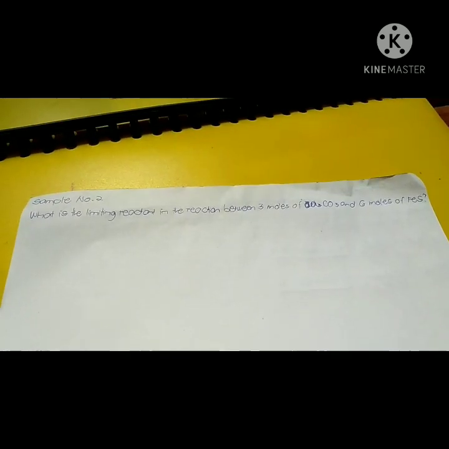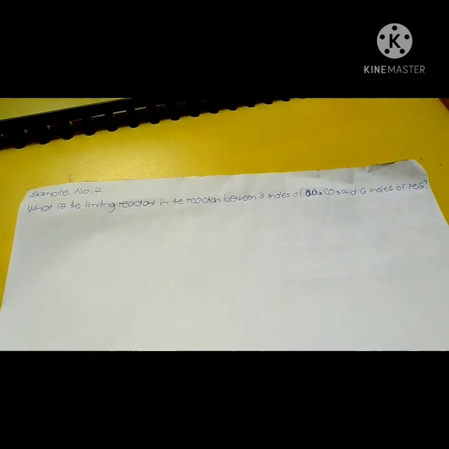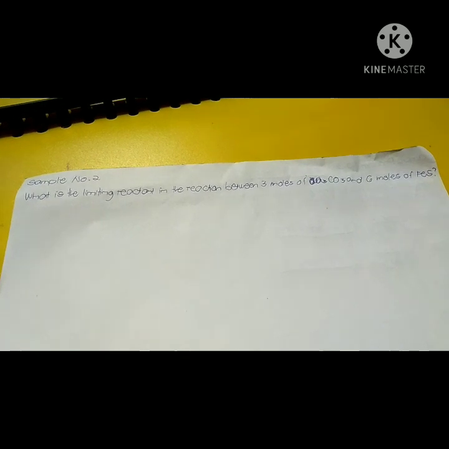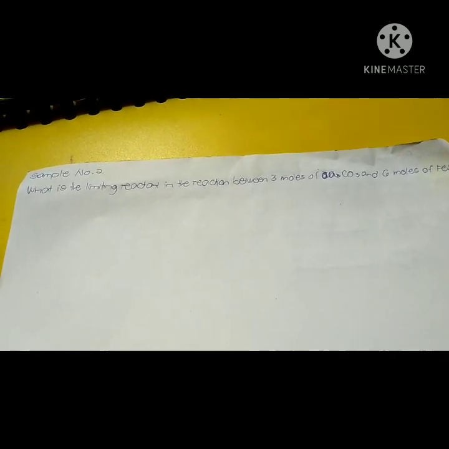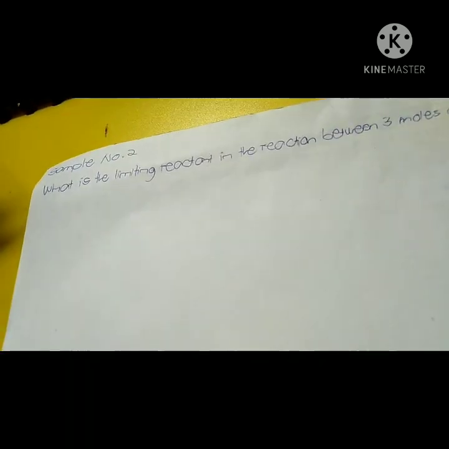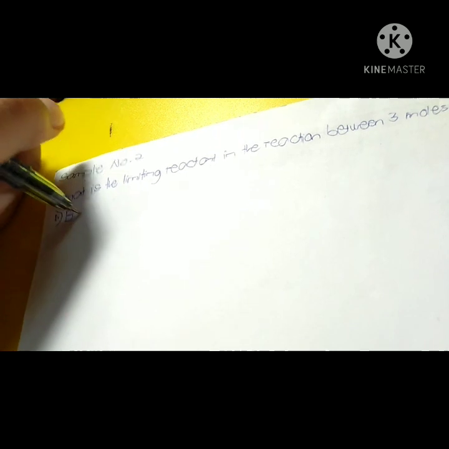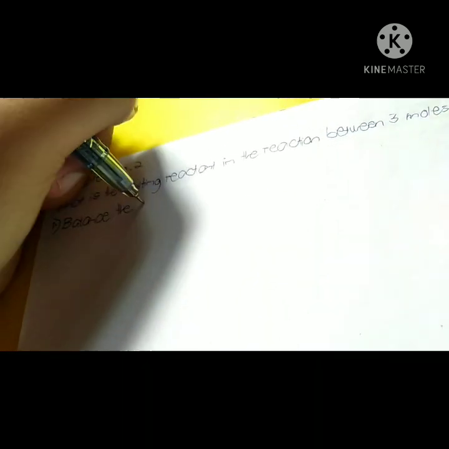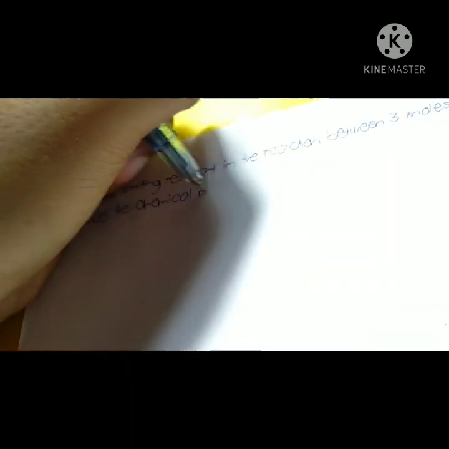So here's sample problem number 2. What is the limiting reactant in the reaction between 3 moles of CO2 and 6 moles of FeS? The first thing that we want to do is to balance the chemical reaction.